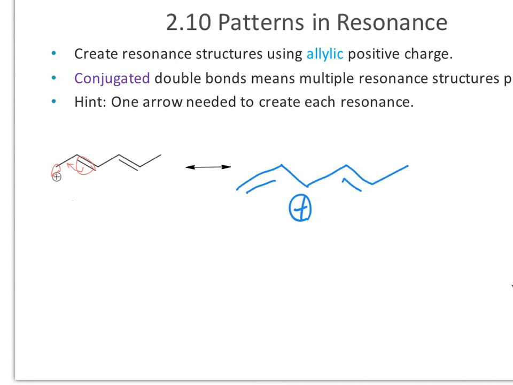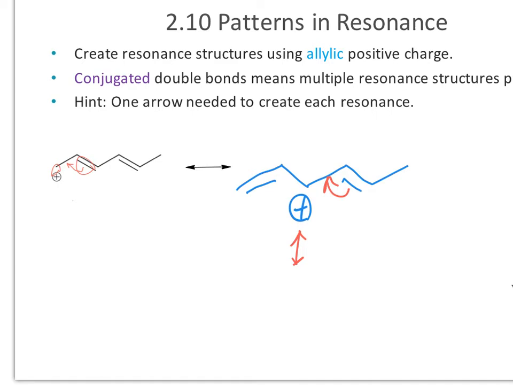Is there another resonance structure? Yeah, obviously there is. So I could then go ahead and move the next set of double bonds, the next pair of electrons in that double bond, move that over, and I can create a third resonance structure. I'll just go ahead and draw it down here.